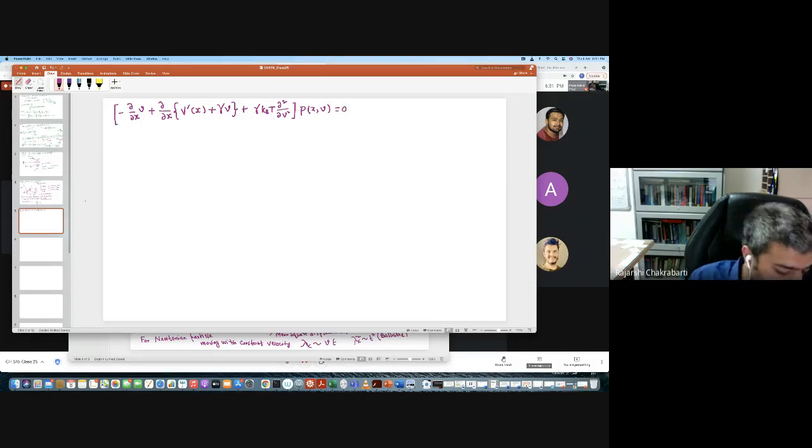Your steady state solution. So at the barrier top, we assume that the potential is linearized.